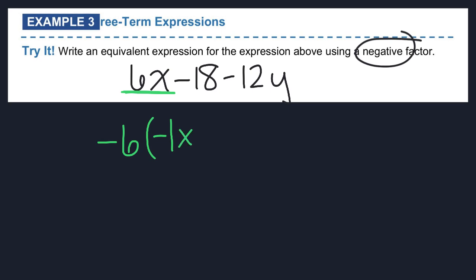Don't forget your x. Then I already have my subtraction sign taken care of. It's right there. 6 times what is 18? I already have my subtraction sign. It's right there. 6 times 2 is 12, and don't forget your y.